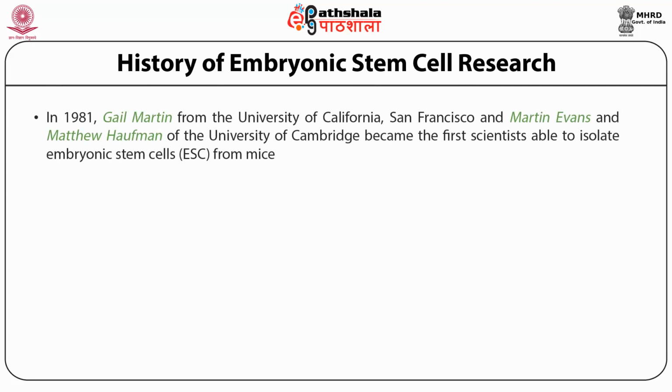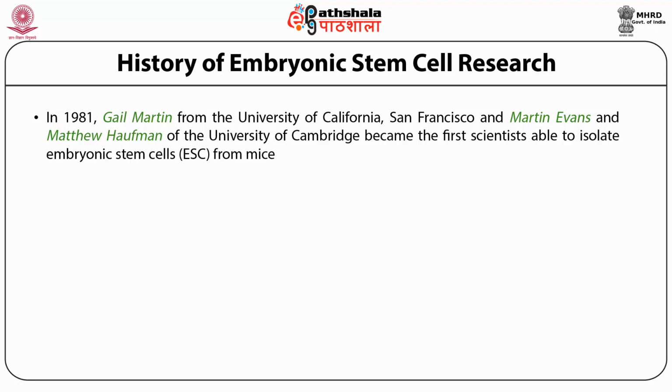So coming first to pluripotent stem cells. Historically, it was in the year 1981 when two independent groups, one from University of California and one from Cambridge University, discovered embryonic stem cells from mouse embryos, and these stem cells were shown to be pluripotent as they differentiated into all the adult differentiated cells of the mice.